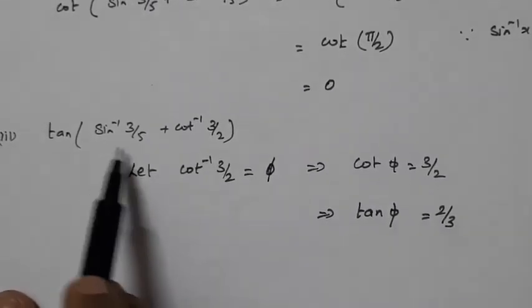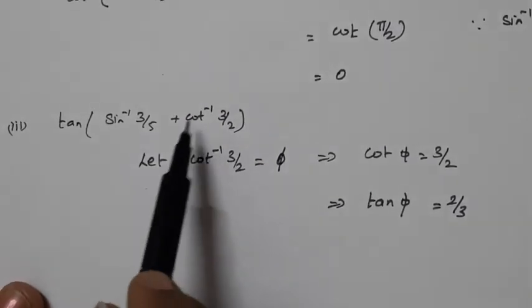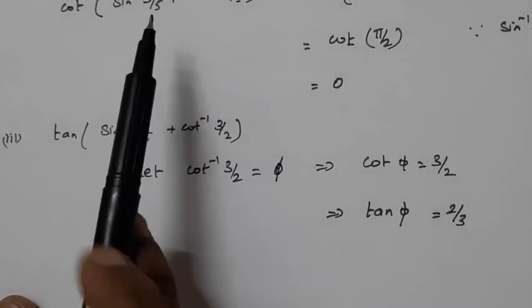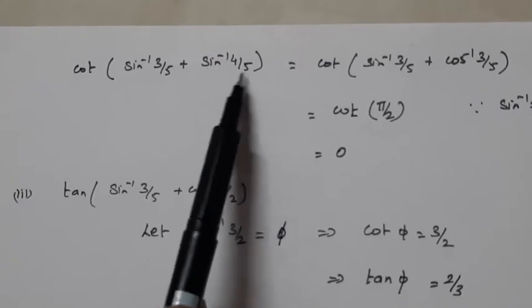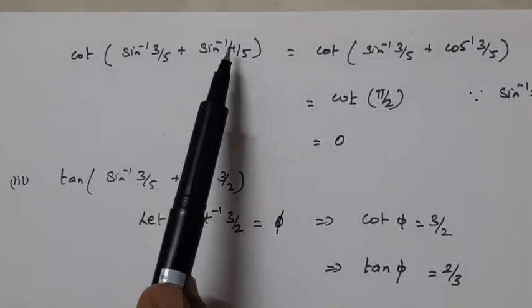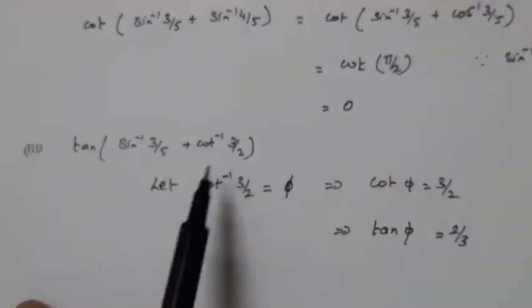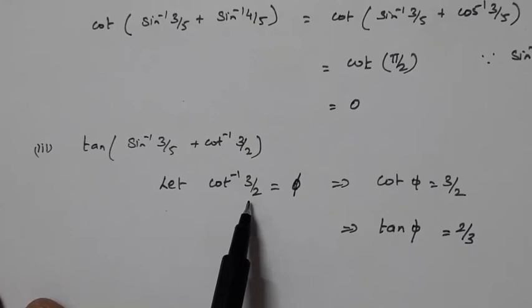In this case, as in the previous one, we cannot express this by cos, because 3, 4, 5 was the Pythagorean triple. There we had 4 by 5, 3 by 5, so we used the Pythagorean triple and expressed sin inverse of 4 by 5 as cos inverse of 3 by 5 and applied the cofunction inverse identity. But here 3 by 2 is somewhat different. So that's why we are going to use this method.